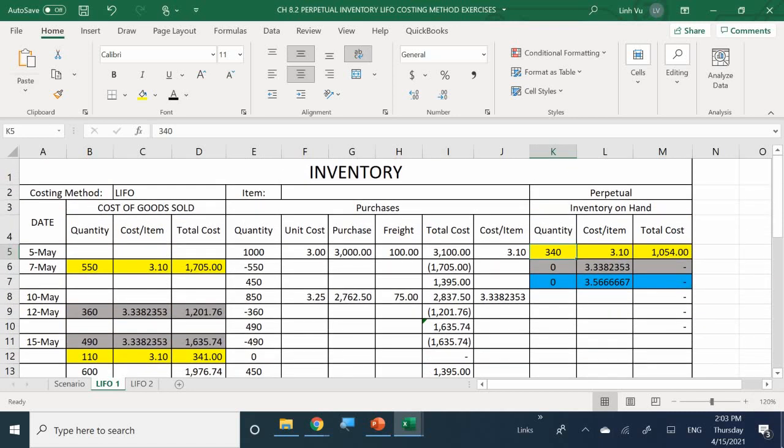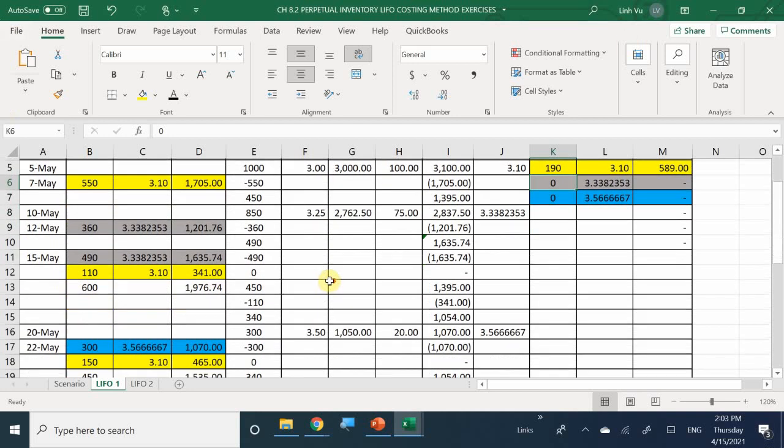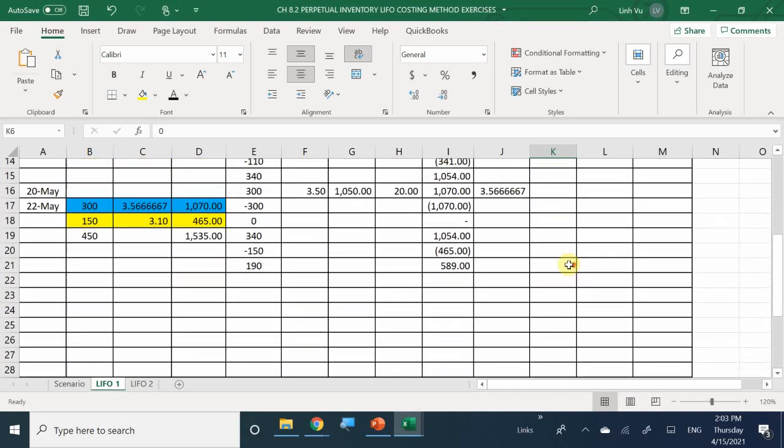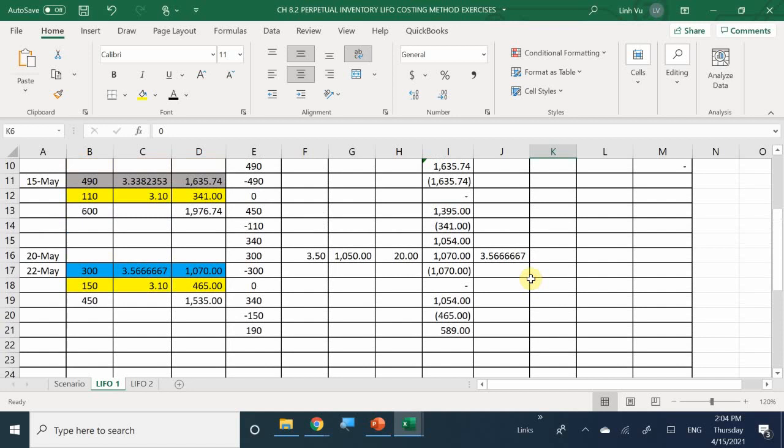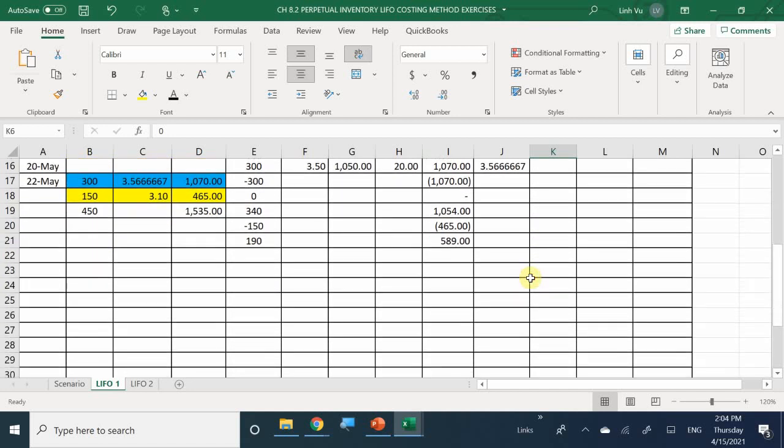I no longer have 340 anymore. I have 190 left. And boom, it should give me a total of 589. That's just making sure that when I'm doing my calculations, it's calculating correctly, and this is what I should have at the end of the day. So, good. Is everyone good with me so far?